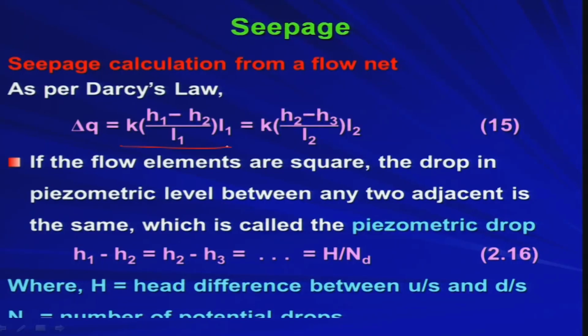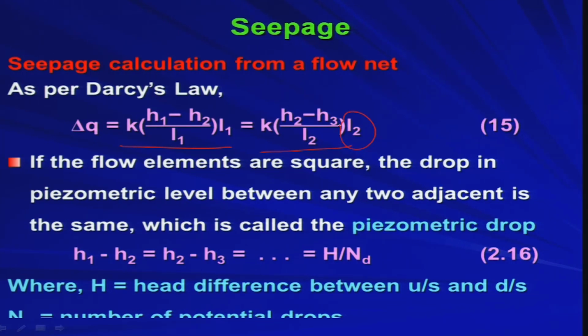L1 into 1 is the cross sectional area through which the flow occurs. This gives delta q1 through element 1. Similarly, the flow through element 2 is k into (h2 minus h3), the head difference between equipotential line 2 and equipotential line 3, by L2, the length of element 2, and the cross sectional area of element 2 is L2 into 1.